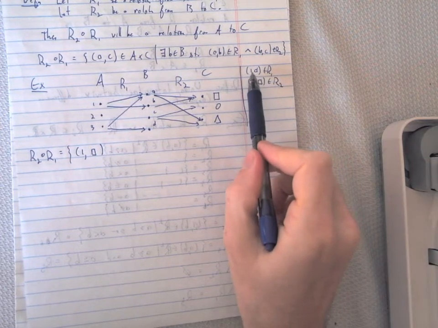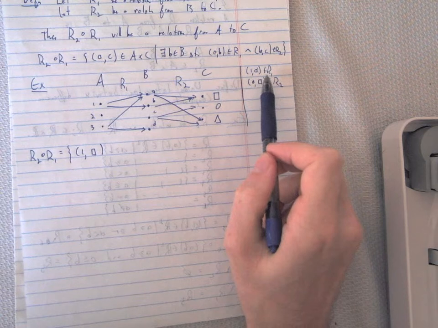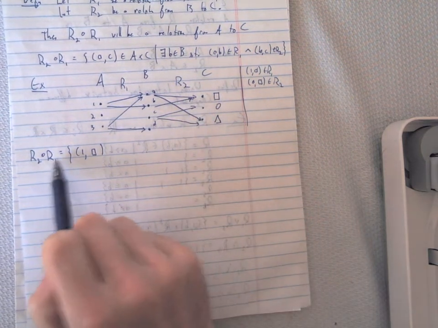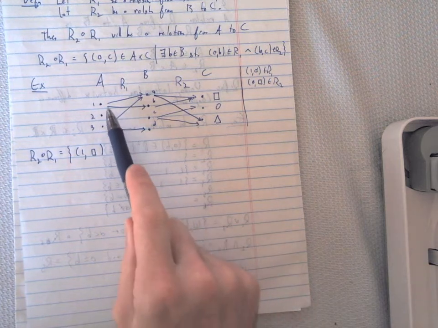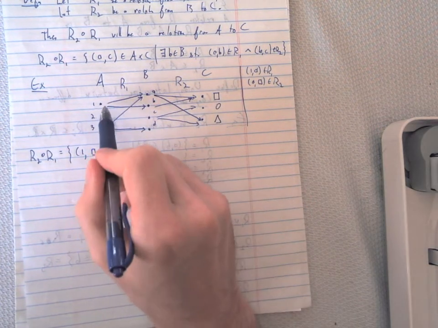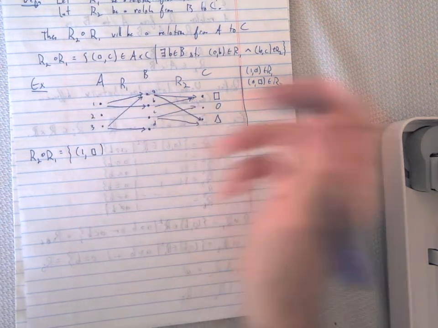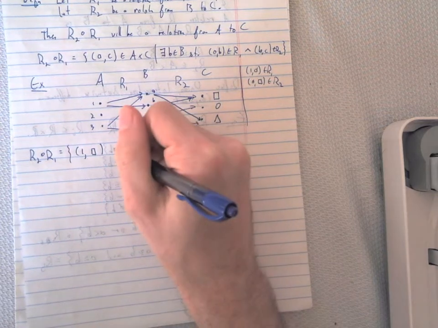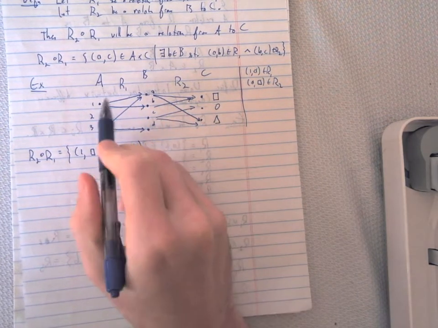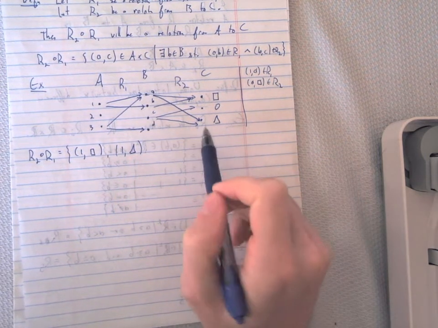So the composition takes the element (1, a) in R1 and (a, square) in R2 and produces me one box in this composite relation. So it's exactly like what we did with functions. You make longer arrows by following through. I have an arrow now from 1 to square that passes through a. I also have an element in the relation (1, triangle) for the same reason. I have 1 going to a and then a going to triangle. So I get that inside the relation.